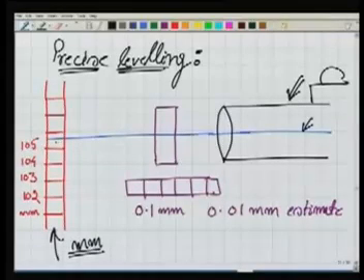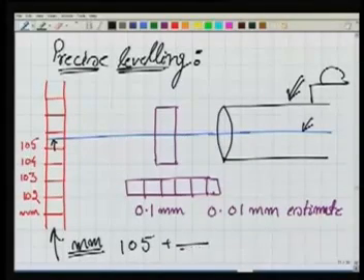So we are, for example, bisecting it here, and we can read the reading as 105 plus something more. Now how much is this something? We could guess it, but we don't want to guess it here because it's precision leveling and we want to measure it.